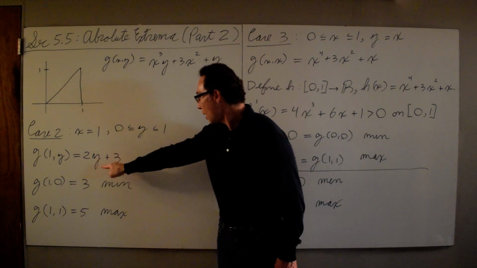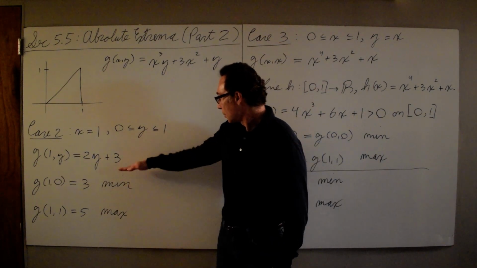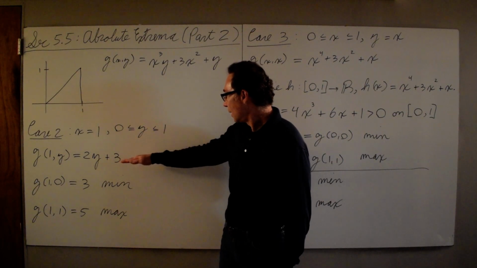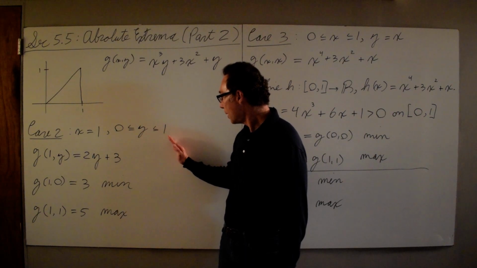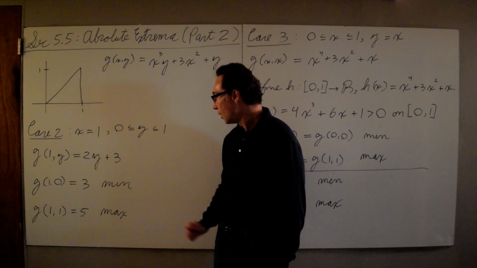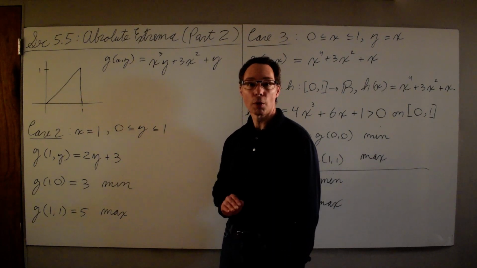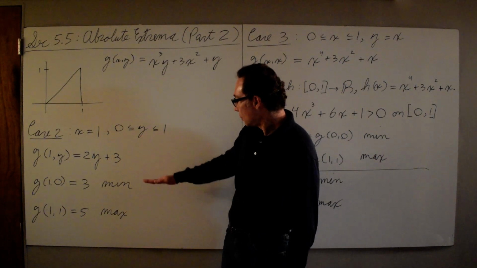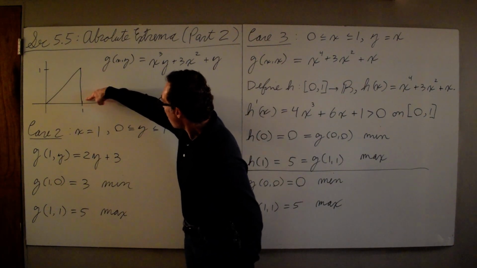So we have 2y plus 3 is g of (1,y). This is a line. As y goes from 0 to 1, it has its minimum value of 3 at 0, and when y is 1, it has its maximum value of 5. And so g of (1,0) is equal to 3, and g of (1,1) is equal to 5. These are the min and max values of g along this line.